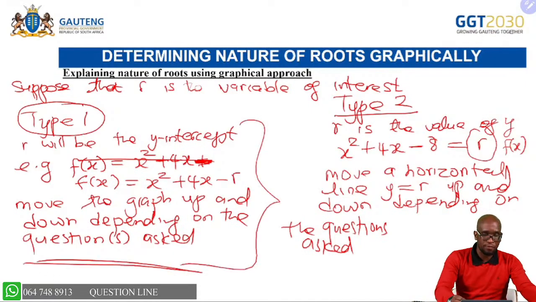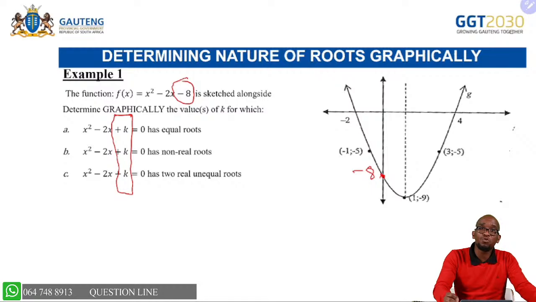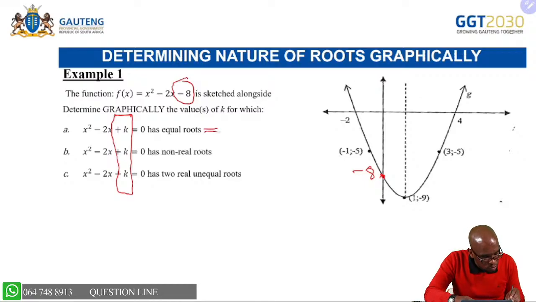We move the graph up and down, depending on the questions asked. So with these questions, we're going to be moving the graph up and down. But I'll later show you that even if you transform this equation and make this a type 2 question as opposed to a type 1 question, you can be able to move a line.